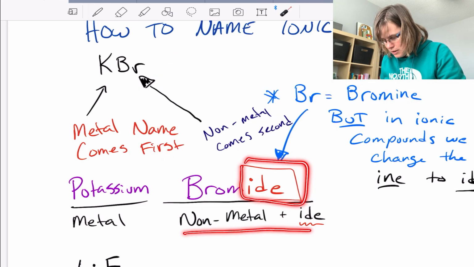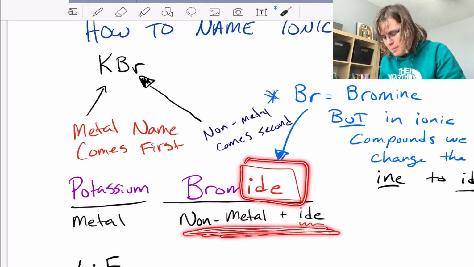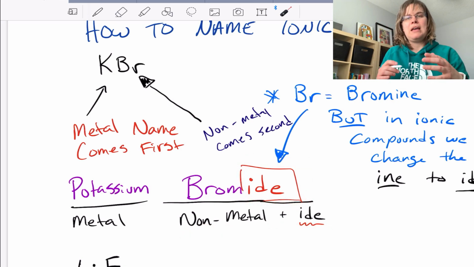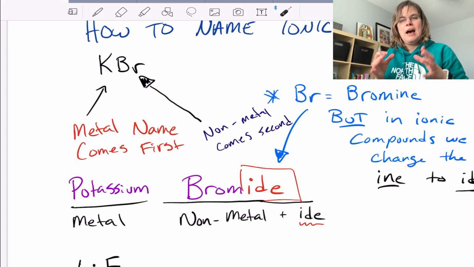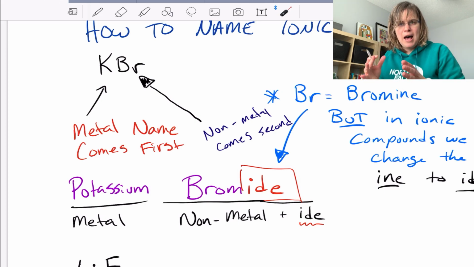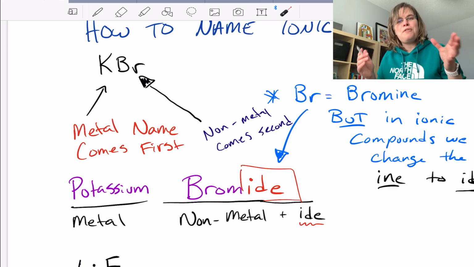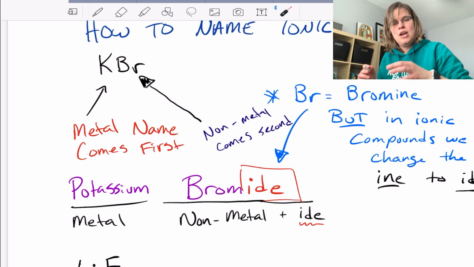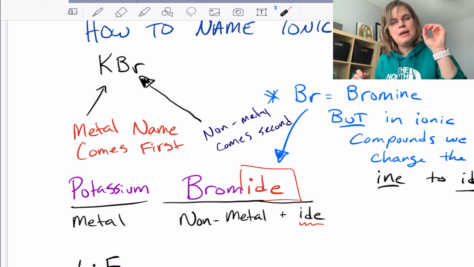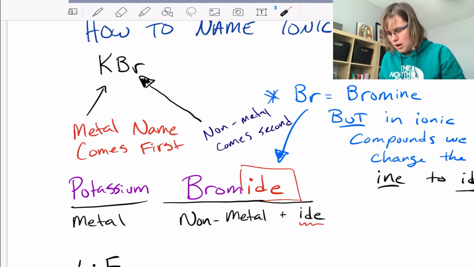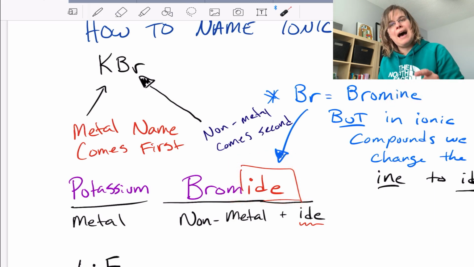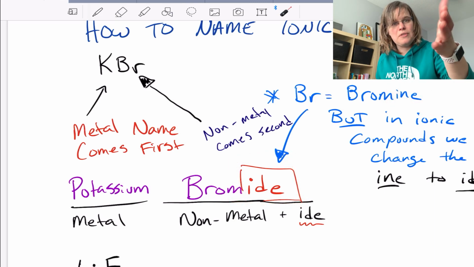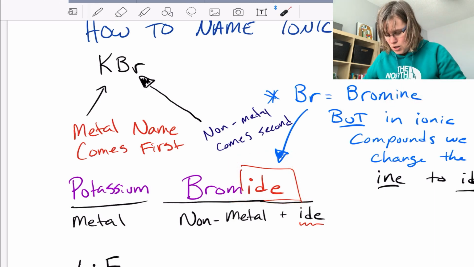So you'll notice down here, it tells you that you write the non-metal plus ide. You take away the INE and you always end in ide. Chloride, iodide, phosphide, nitride, everything turns to IDE. You don't say potassium bromine, that would be wrong. You take out the INE and you substitute it for IDE. Super important. That's really the only rule that you need to know.